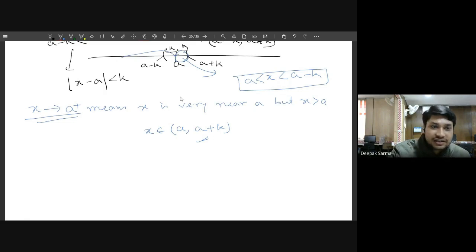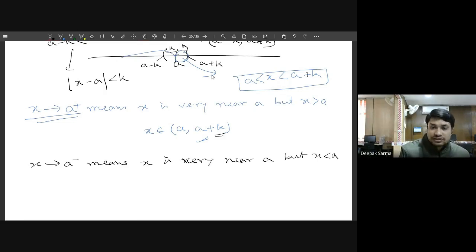Similarly, we can have the other one. Do you know what that is? It is a minus. Here, x tends to a minus means again x is very close to a, but it is less than a. That means now we allow this particular interval. Here I can write x belongs to, can you tell me what I should write? a minus k to a.